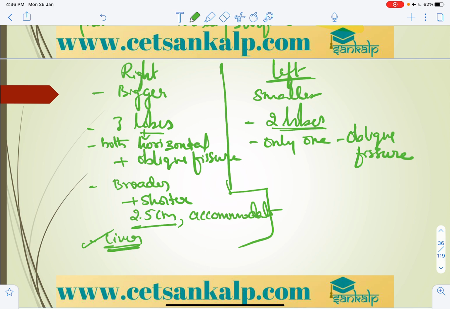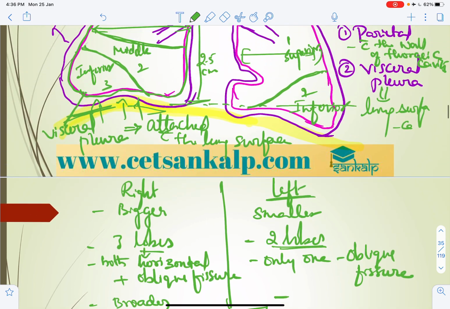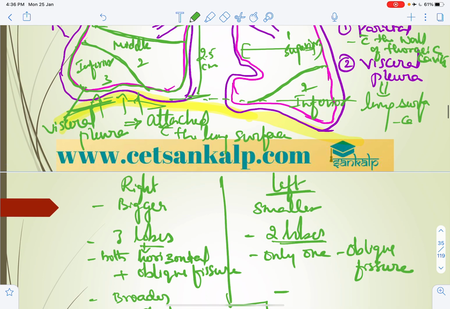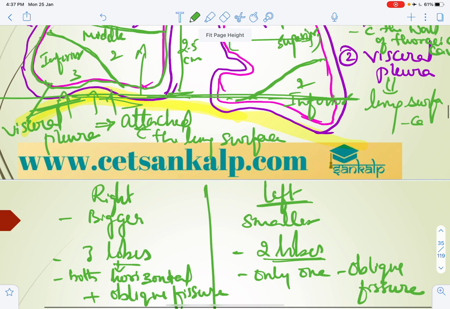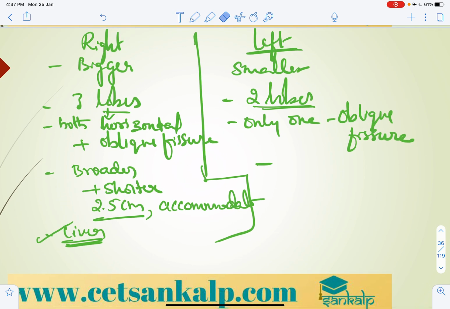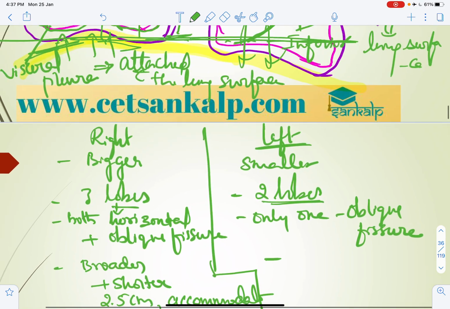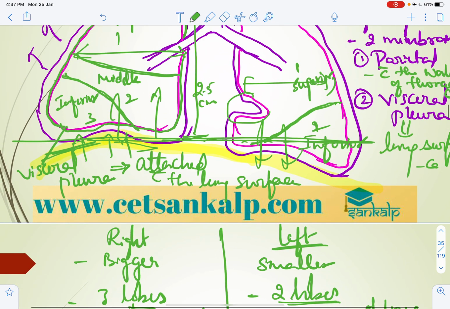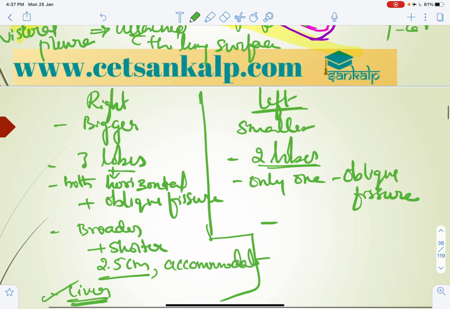In this diagram you can see that this side is a little upward and this side is a little downward, so you have to keep that in mind. On the left there is only one fissure, called the oblique fissure. And the very important thing here is that you can observe a cardiac notch.